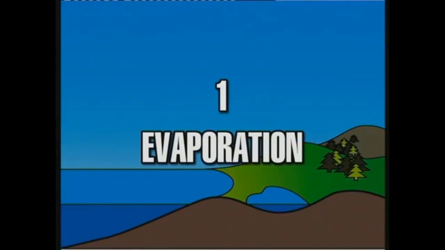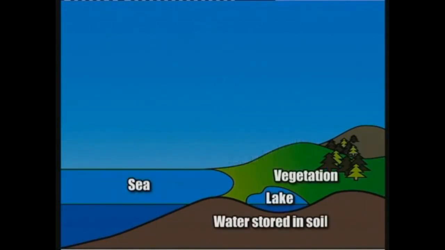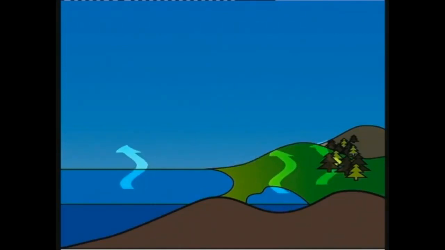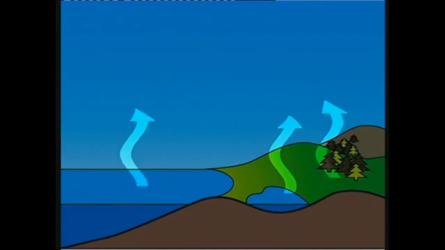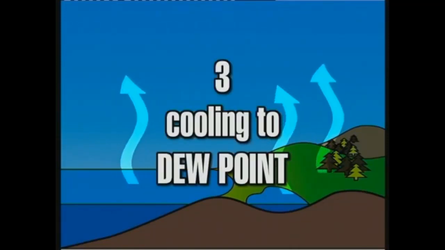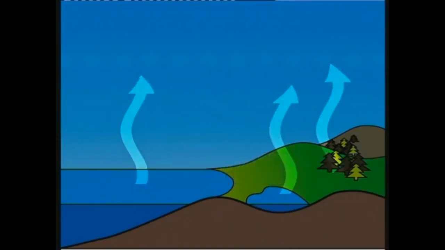Stage 1. Warm air causes water to evaporate. This could be the sea, lakes, rivers, or even water from the soil and from vegetation. Evaporate, that is, the water turns into vapour. Stage 2. Warm air rises, carrying the water vapour with it. Stage 3. Rising air cools to dew point.